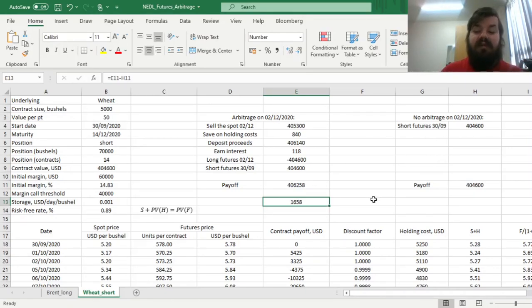And this profit is risk-free, given that on the 2nd of December 2020 we already know all of the prices that we would have paid and that we would have received, and we also know the risk-free rate that we would have been rewarded for depositing our proceeds.